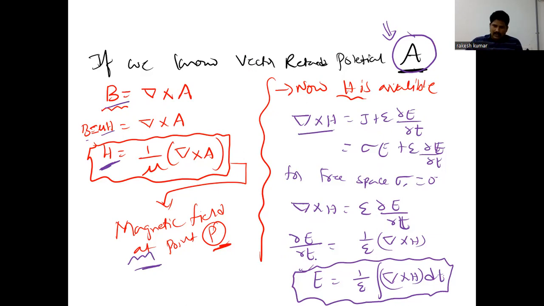From this, dou E by dou t is equal to 1 by epsilon times del cross H. Therefore, E is equal to 1 by epsilon times the integration of del cross H dt. So this is the procedure you want to keep in mind for calculating the electric field and magnetic field at any point P if you know the retarded potentials.